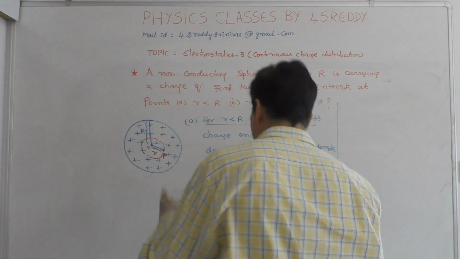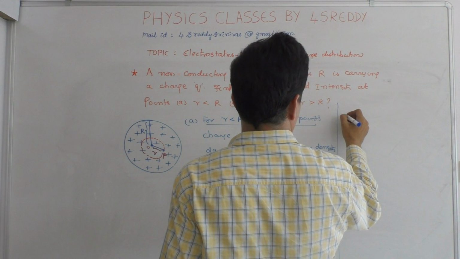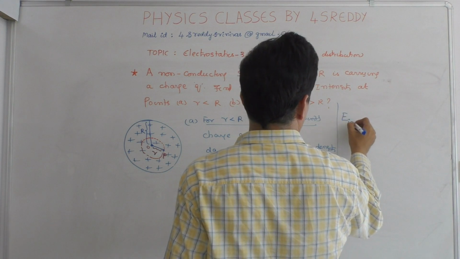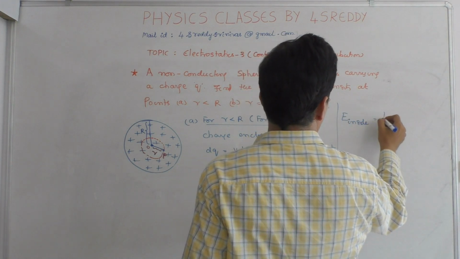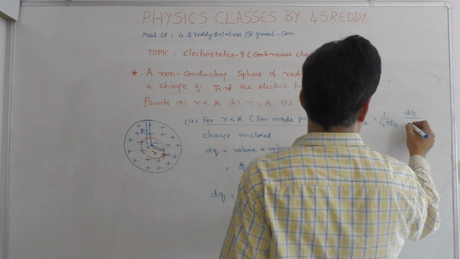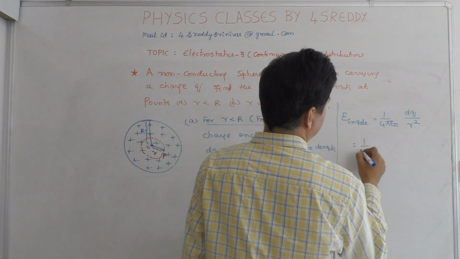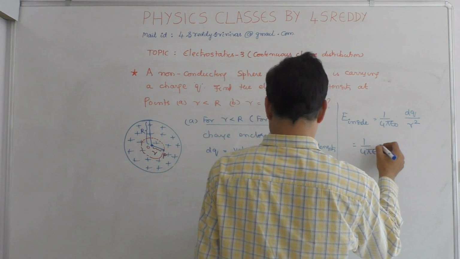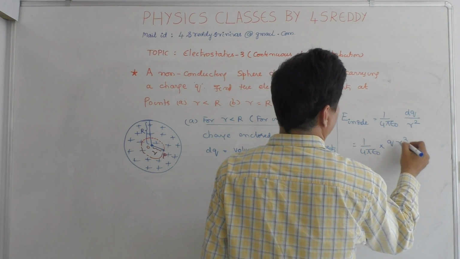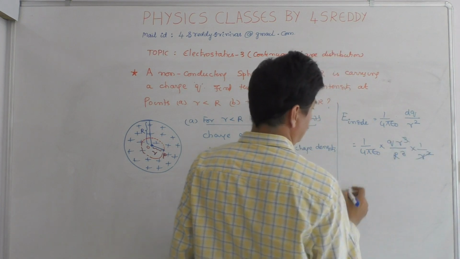Therefore E for an inside point is given by 1 by 4 pi epsilon naught into dq by small r square, which is 1 by 4 pi epsilon naught into q into r cube by capital R cube into 1 by r square.